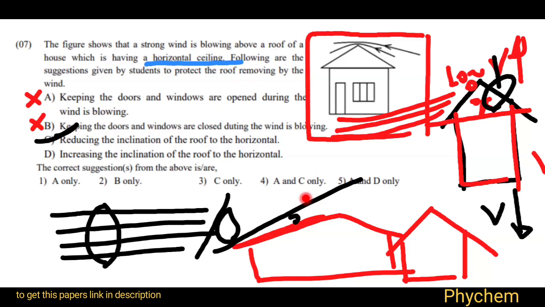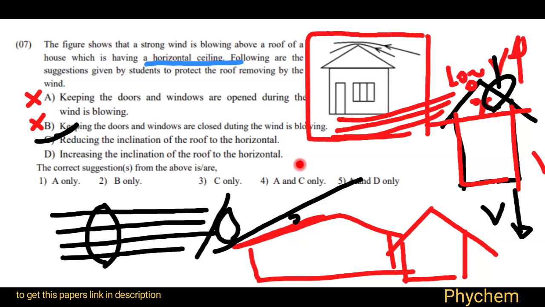Therefore, the pressure will be reduced further, and the top part will experience a very low pressure. Meanwhile, your bottom part will experience the same atmospheric pressure. There is a difference in pressure, which will create an uplifting force, and your roof will be lifted off.